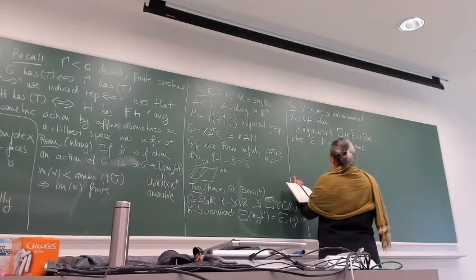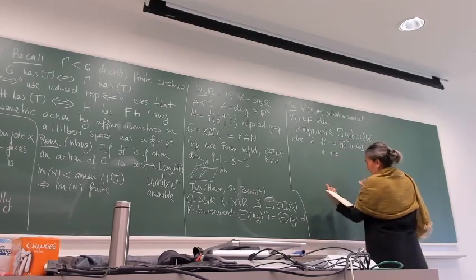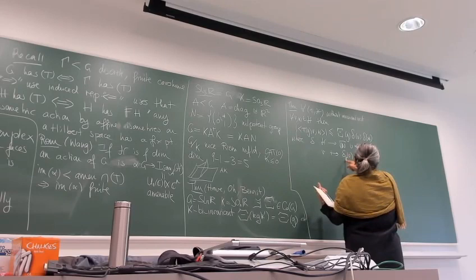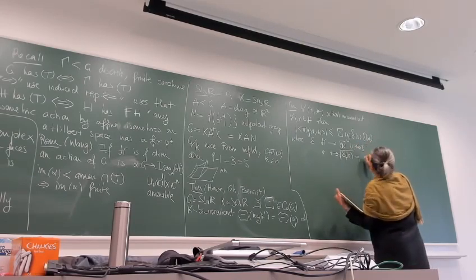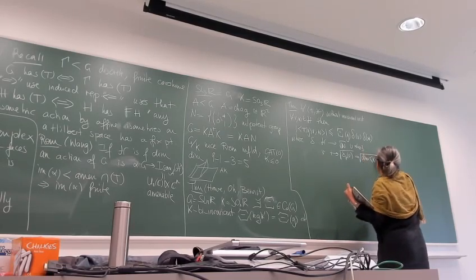And so what is it? It's the square root of the dimension of the span of A times v.